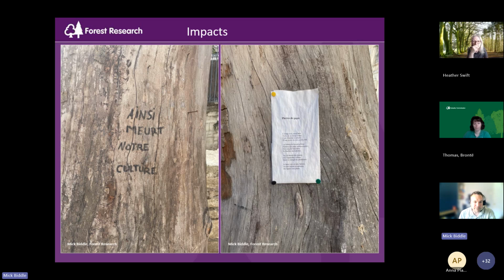This one on the left means "Thus dies our culture," and also people had written poems and pinned them to these trees. So they obviously mean an awful lot to the residents of Avignon. And similarly, I think there'll be a similar sort of social, cultural attachment to those in the UK. So really interesting observation.